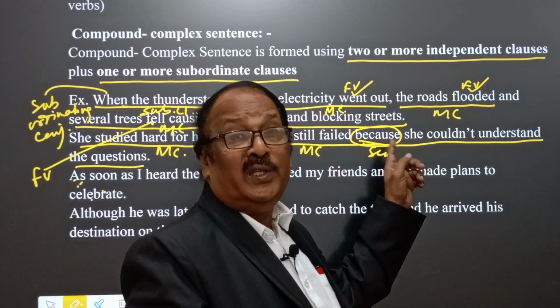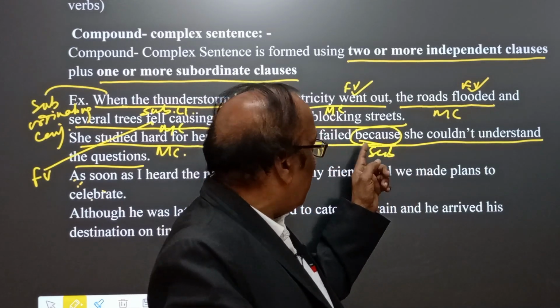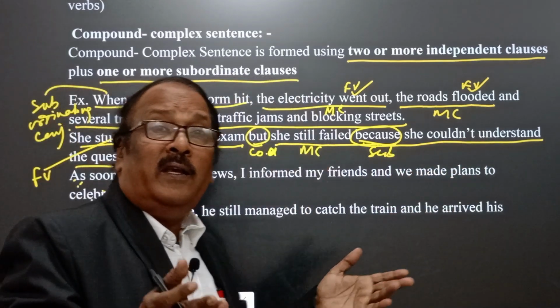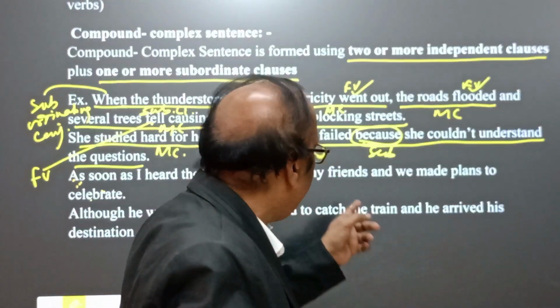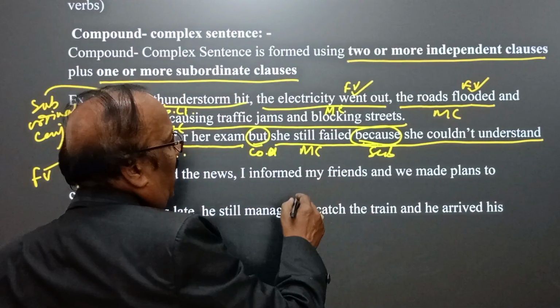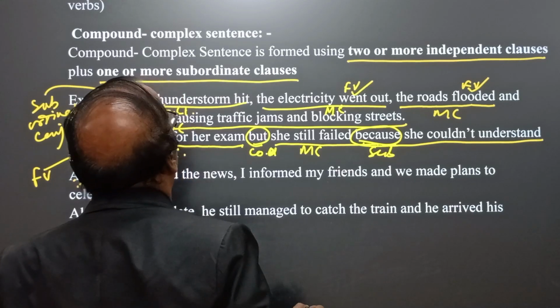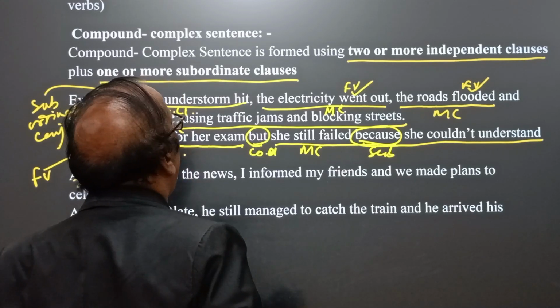The reason of her failure was because she couldn't understand the questions. Because indicates a subordinate clause, and that is a compound complex sentence.